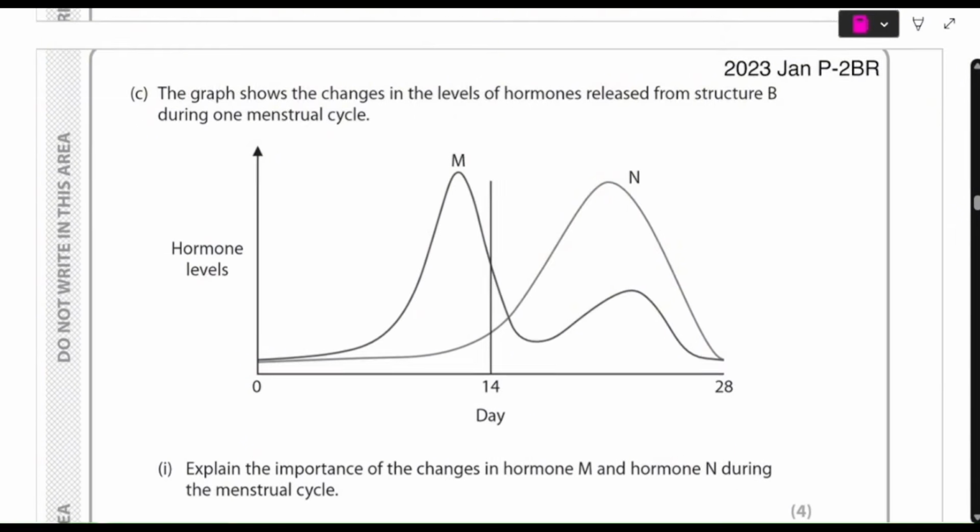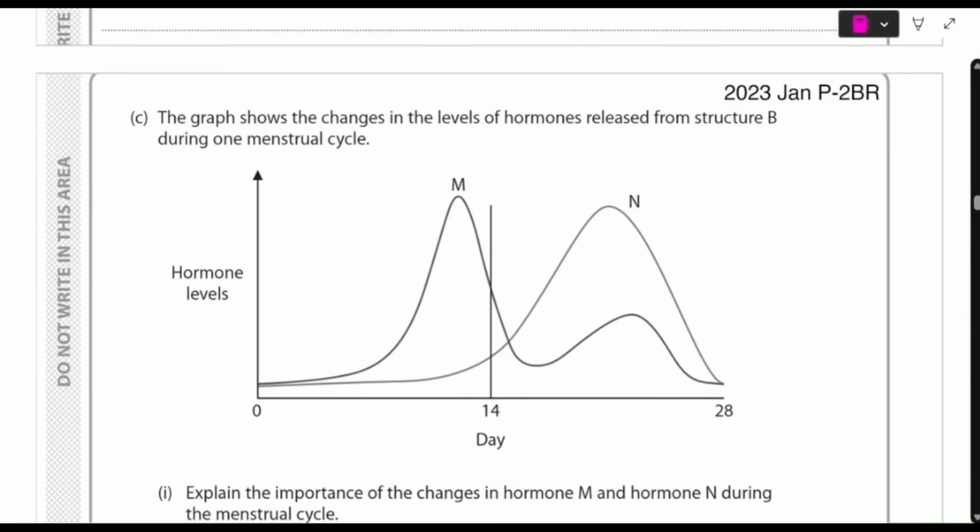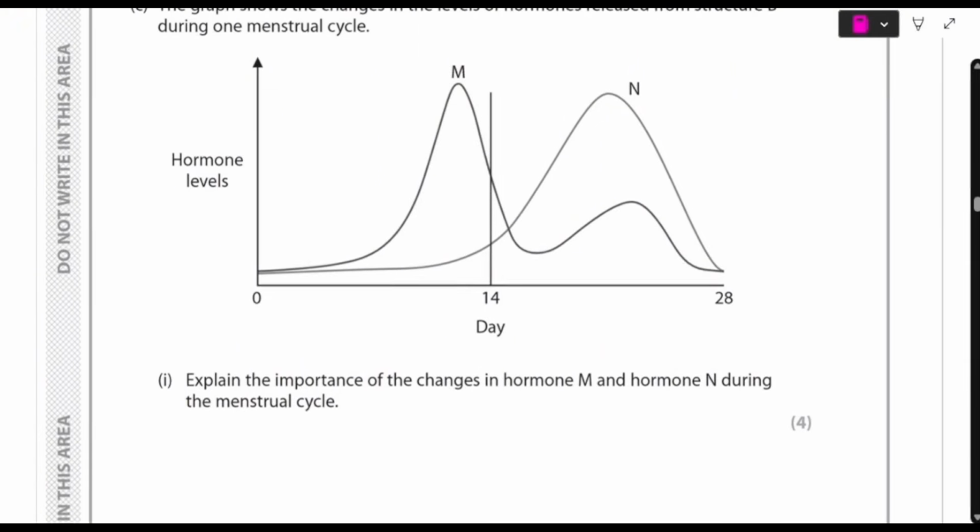Then we have the menstrual cycle. The graph shows the changes in levels of hormones released from structure B during one menstrual cycle. From this graph alone we can find out what structure B was and what the hormones are.